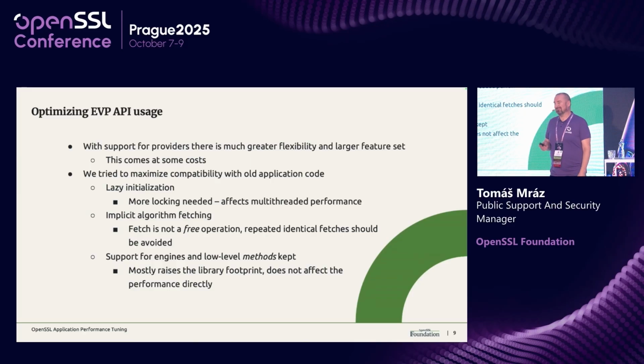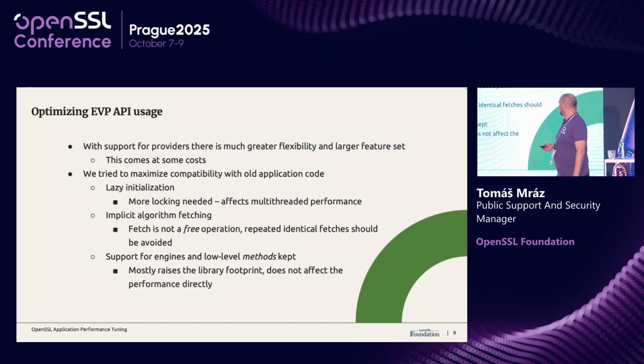Unfortunately, that has really bad consequences, like we have to do lazy initialization. And that, of course, impacts other things because we need more locking, and that affects multi-threaded performance. We need to have this implicit algorithm fetching, and yeah, the fetch is not a free operation, unfortunately.